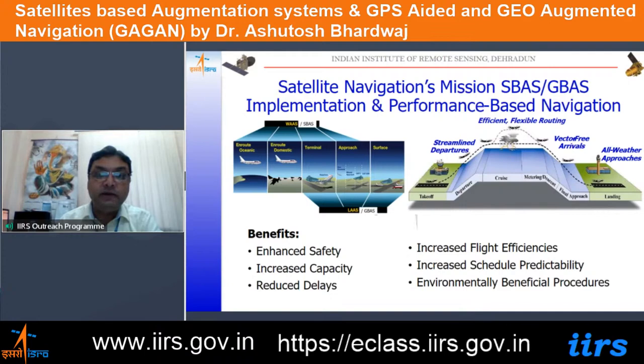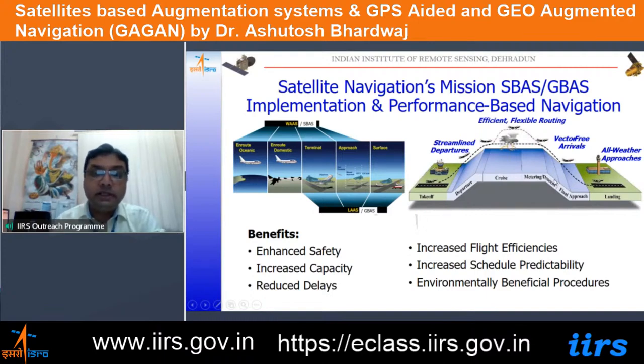Otherwise, we have to be connected with the DMEs or the VORs, and because of that, we have to follow the zigzag path, which you might have noticed. When we are using the SBAS systems, we can fly point-to-point, so from one airport to the other airport directly in a single line. In a single line means single line on the earth, that is the footprint of the travel path.